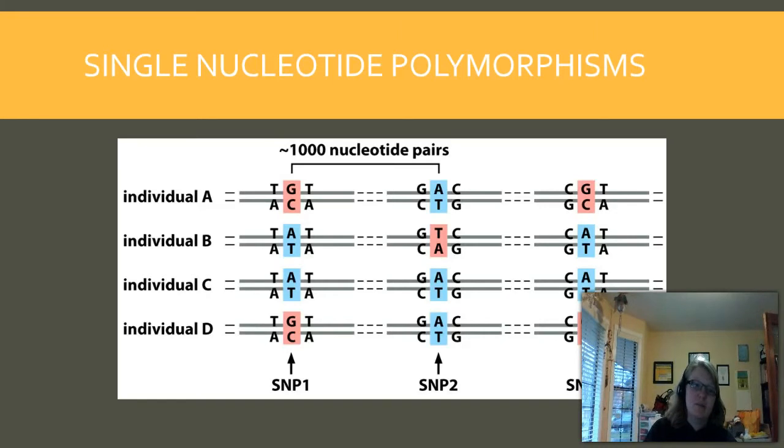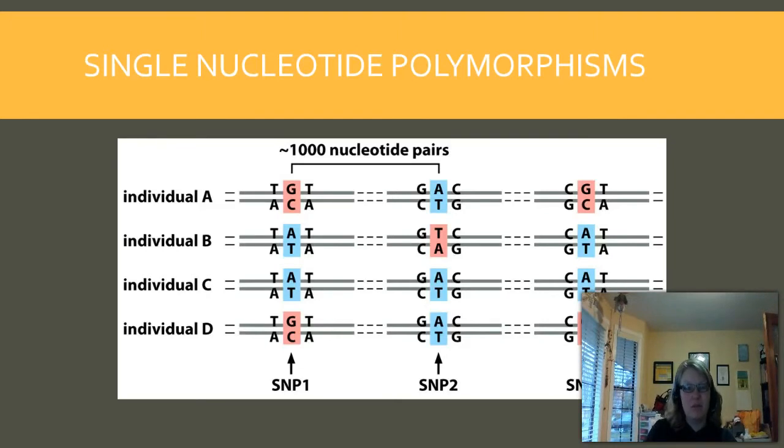For instance, if we're looking for some kind of precursor to heart disease, we can take a whole bunch of people with heart disease, sample them, and look for an SNP that's similar, and then take a whole bunch of healthy people and compare their SNPs to the group with heart disease. This can help us narrow down where these SNPs are occurring and which SNPs matter, and it may help us identify the genes that might be involved.